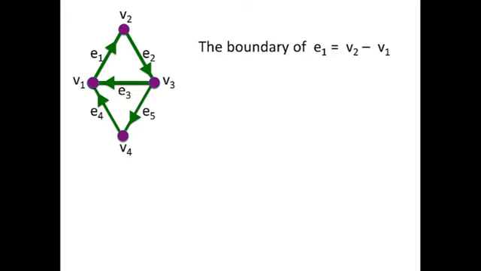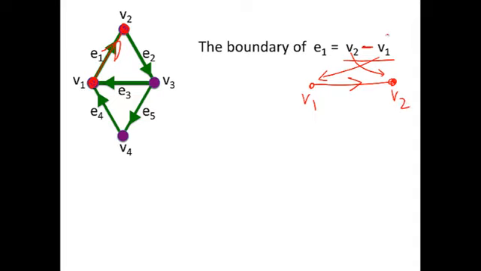The boundary of E1 is V2 minus V1. The minus sign denotes that the edge E1 points from V1 to V2. So if we've got this edge E1, then V2 minus V1 means that we start at V1 and we end at V2.